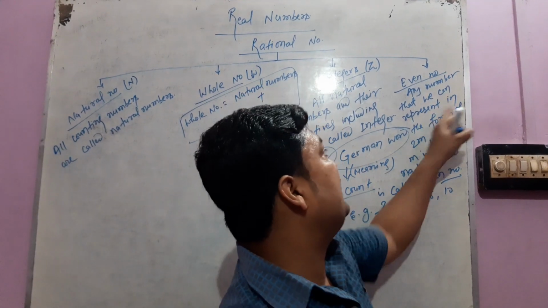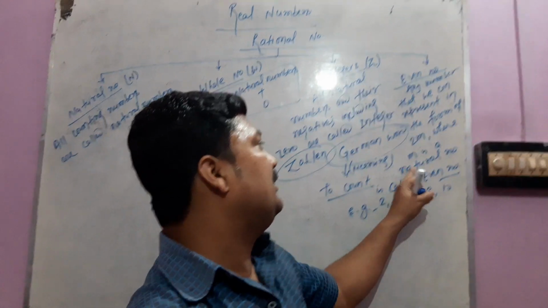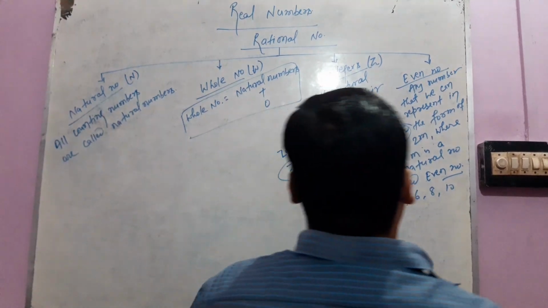Any number that we can represent in the form of 2m, where m is a natural number, is called an even number. For example, 2, 4, 6, 8, 10. These are some examples of even numbers.